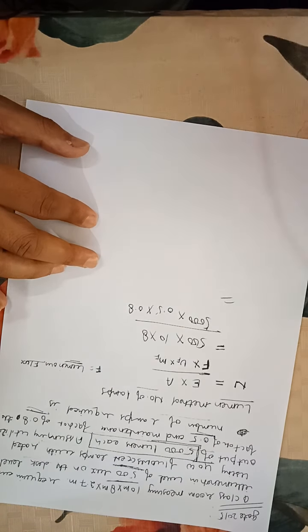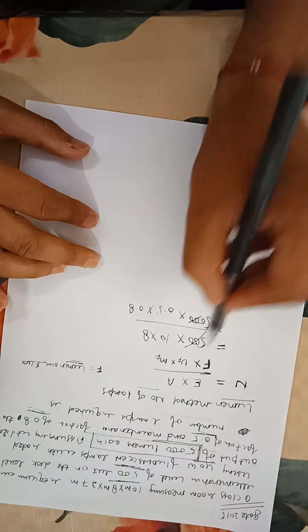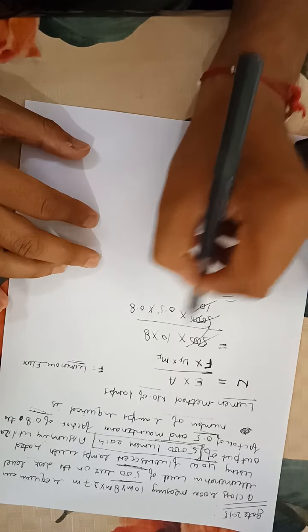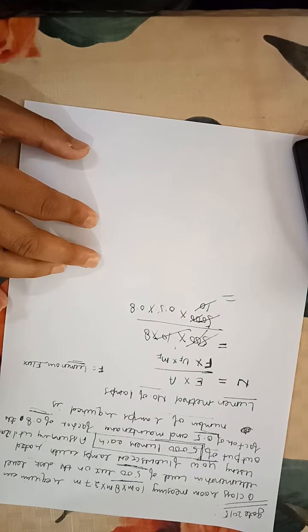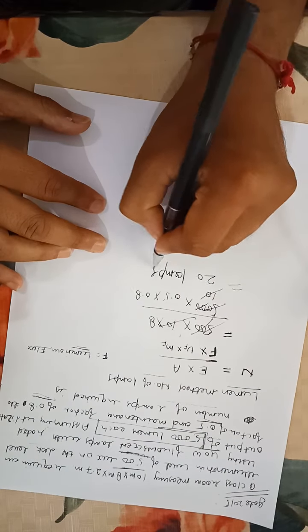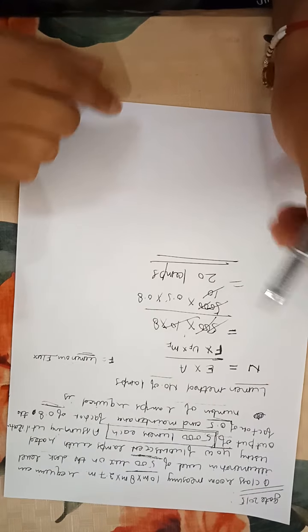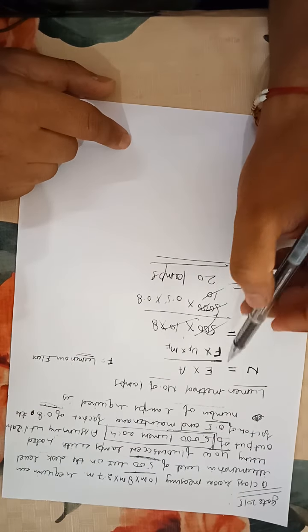Then by calculating this, 500 into 10 into 8 divided by 5000 into 0.5 into 0.8, we get 20 lamps. So now we have calculated the number of lamps.